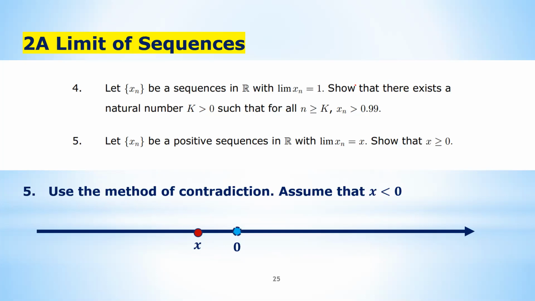When n is greater than a certain number, every xn will be in that epsilon neighborhood of x. Once the term is in that interval centered at x, xn will be on the left side of 0. That creates a contradiction. So that's the way, and you should try to write this out by yourself.